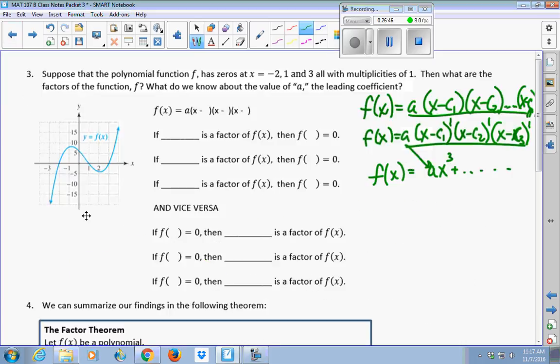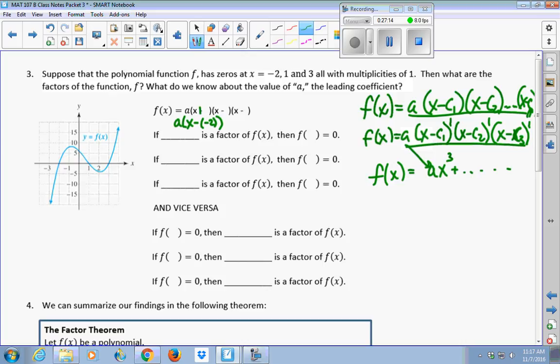All right. So I'm going to sound like a broken record right now, but it's an important broken record because if you know a factor, you know a 0. If you know a 0, you know a factor. So I know that -2 is a 0. So when I go to put it in factored form, I say a times x take away a -2. What does that become when I simplify it? x plus 2.